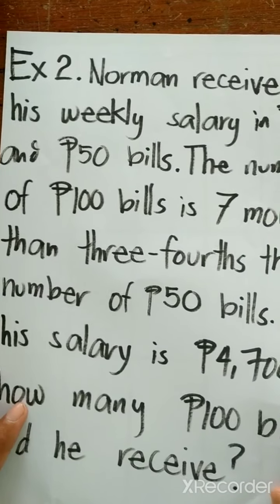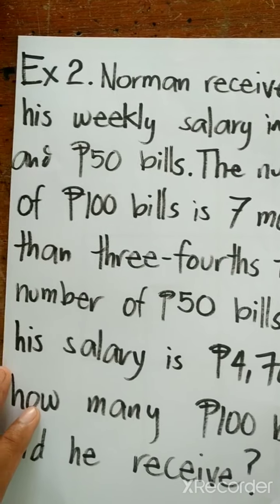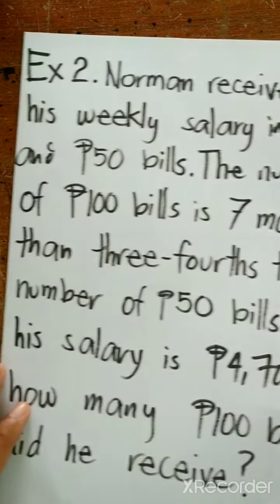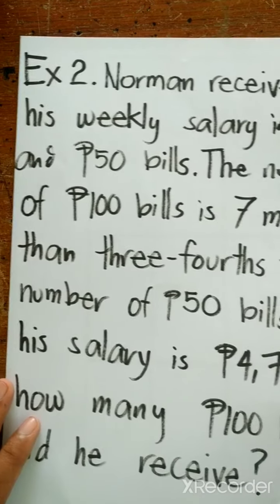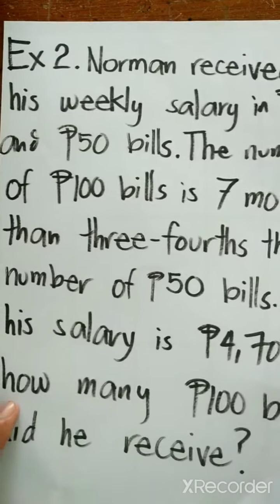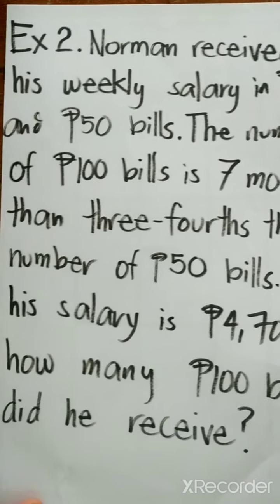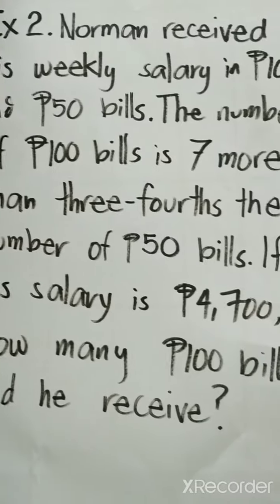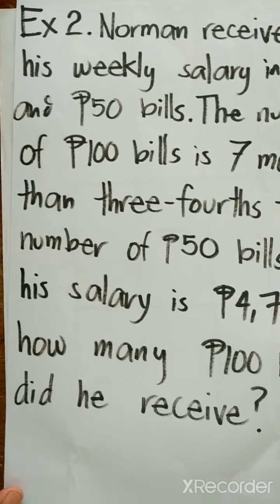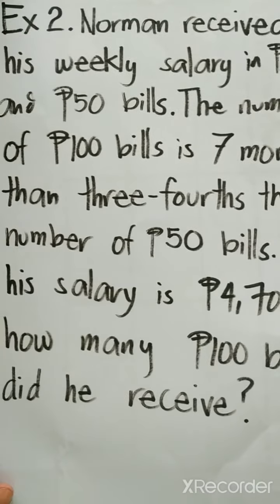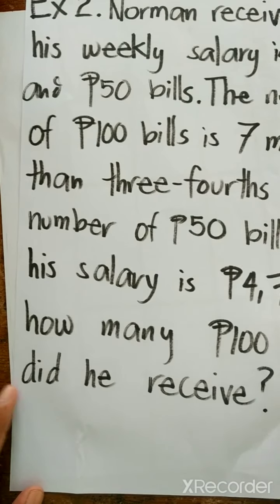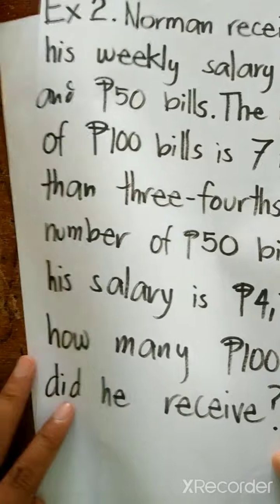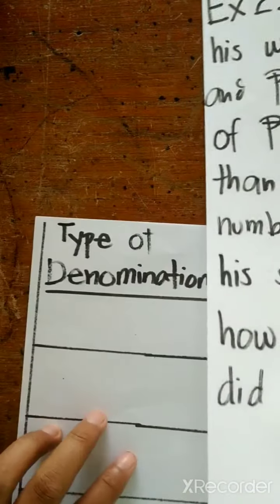For our example 2, we have Norman received his weekly salary in 50 and 100 peso bills. The number of 100 peso bills is 7 more than 3/4 the number of 50 peso bills. If his salary is 4,700 pesos, how many 100 peso bills did he receive? Let's start.